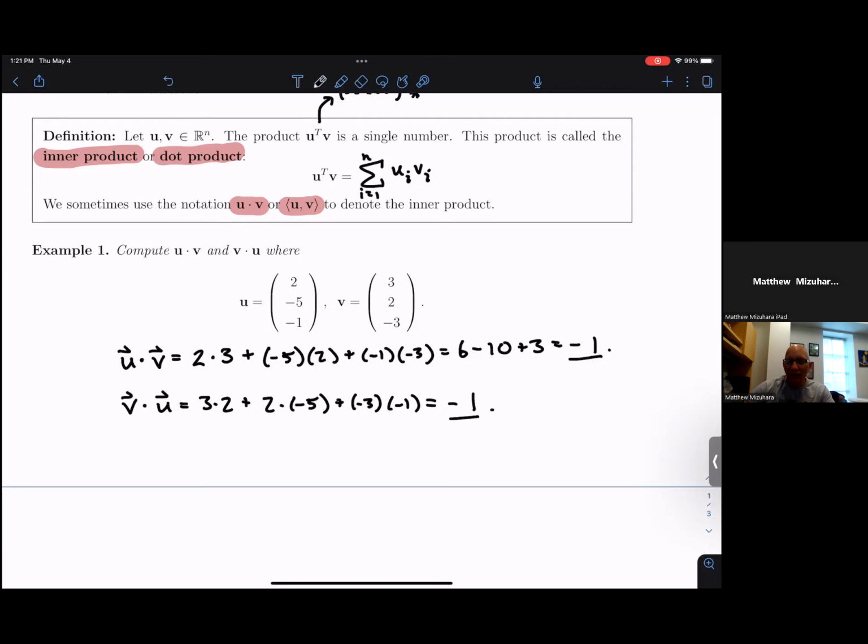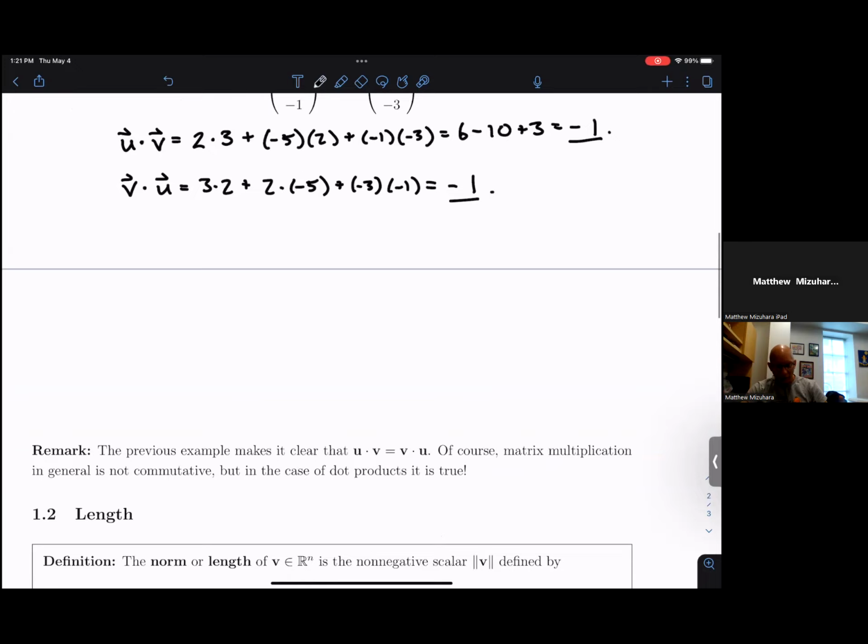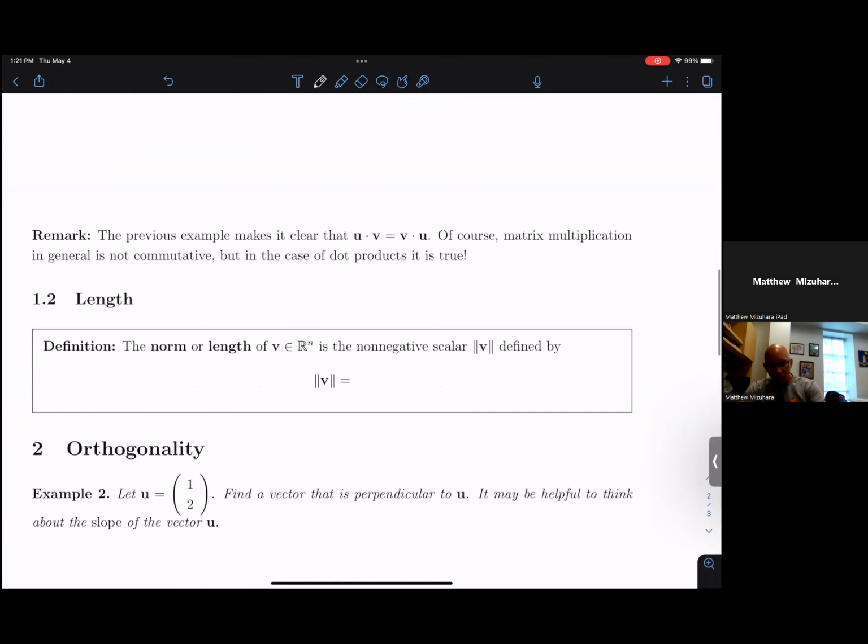So what's kind of nice about dot products, although in general we're very worried about switching the order of multiplication of matrices, is that in this case, inner products have this nice property that u dot v and v dot u are exactly the same. So you are allowed to commute inner products or dot products, which is really nice. It's a little bit surprising considering how much of this class we were not allowed to do this. So it's kind of nice.